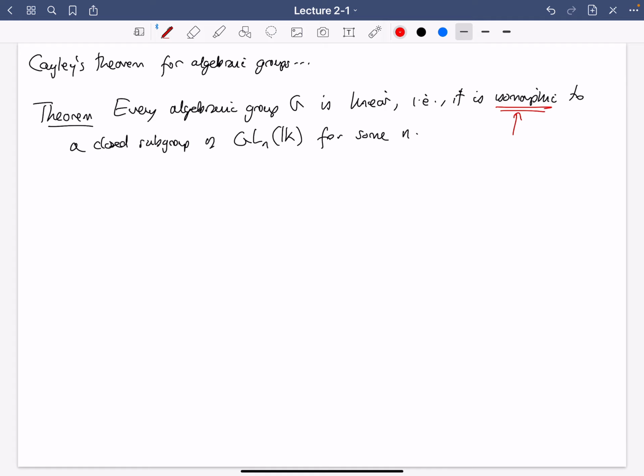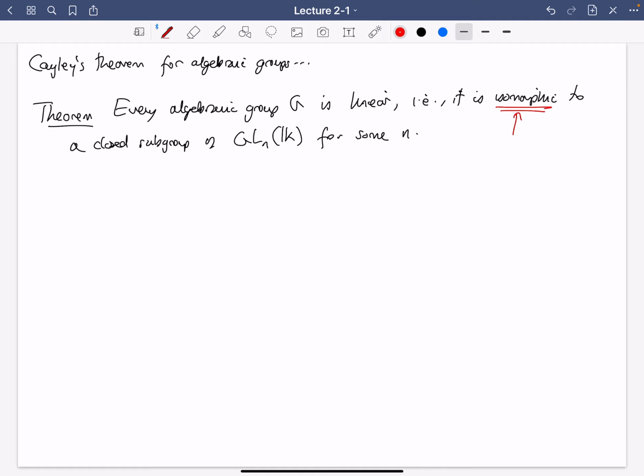There's a little bit of a subtlety here, which doesn't happen in abstract group theory, but it definitely happens in algebraic geometry. Even for affine varieties, it's perfectly reasonable to have a morphism of affine varieties that is bijective, so it's invertible as a function, but whose inverse is not a morphism of affine varieties.